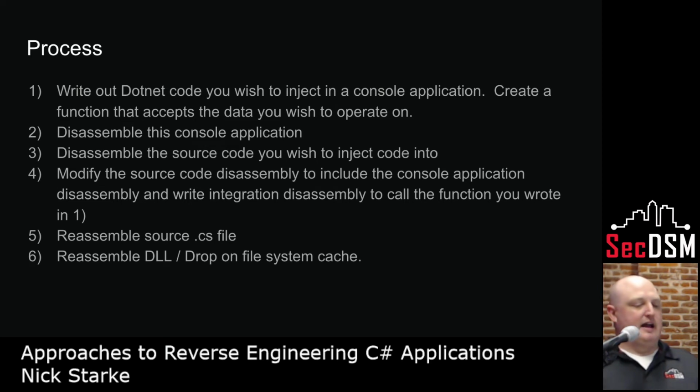So I take that compiled console application and I disassemble it. I take the function that I wrote in the disassembly, and I copy it, right? I remove it to be used somewhere else. And then I take the target application that I wish to inject into, and I disassemble that source code. That's going to be an assembly in .NET. So I take an assembly and I disassemble it.